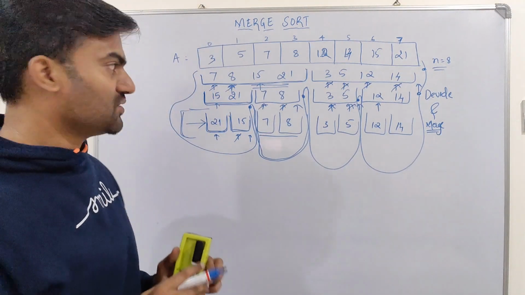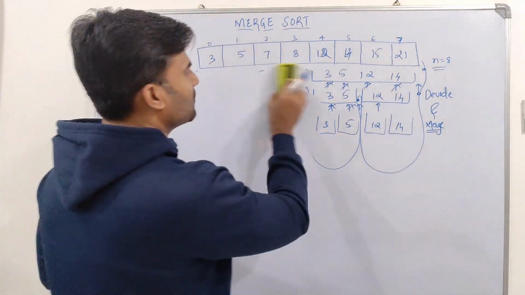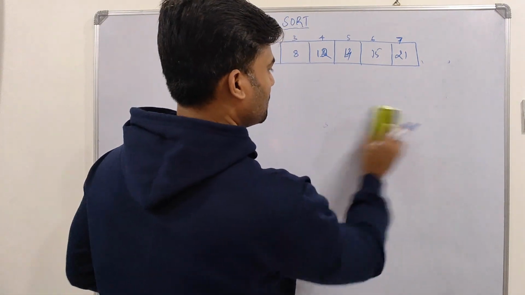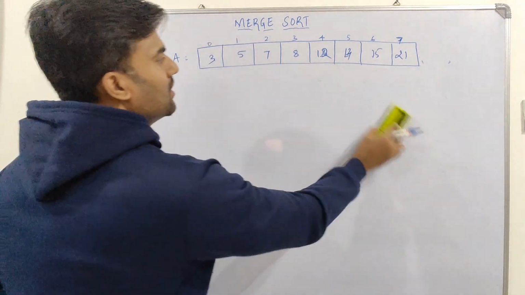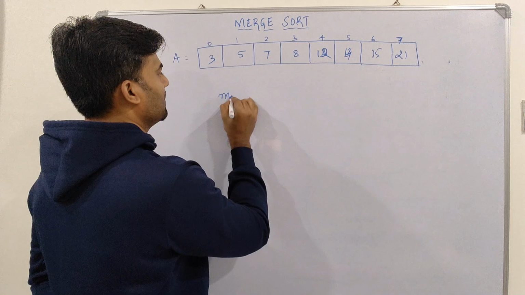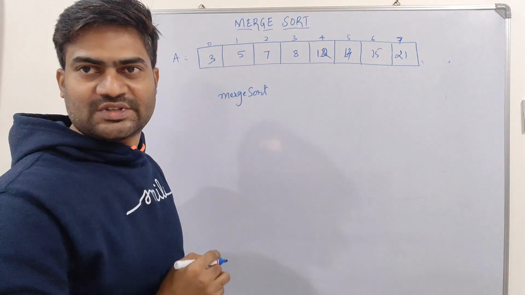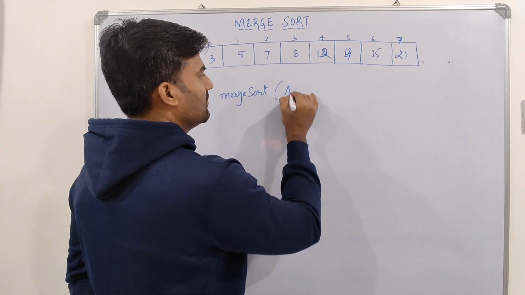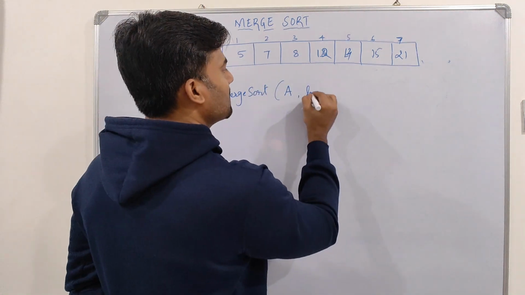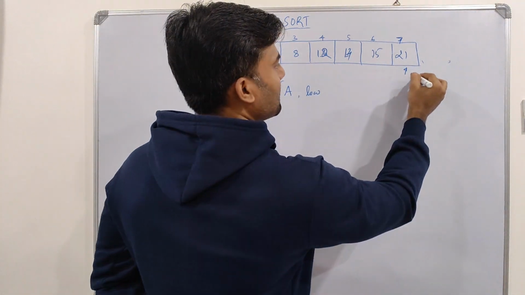Let's look into its pseudocode now. I will remove this. So now let us take a method merge sort, basically, and we pass array A, and we also pass the low, which is this, and this is the high, basically.